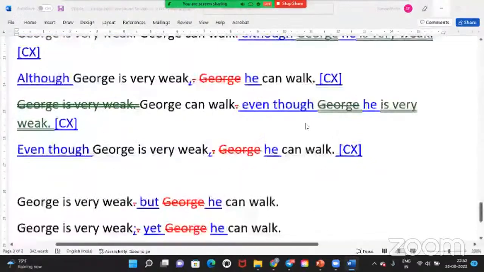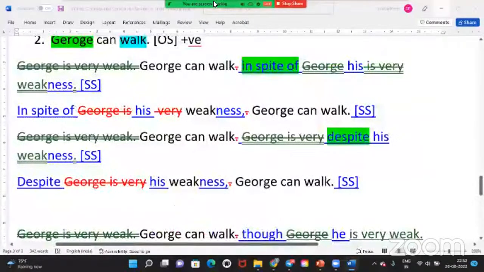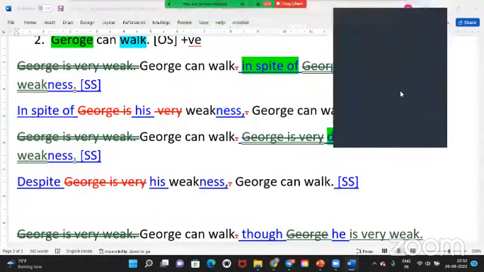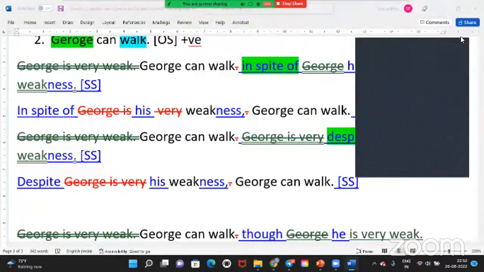Next, I will teach you if conditionals. Do you want me to continue with the class, or do you want me to take another day? Because this will be too much grammar. Today continue, or tomorrow?